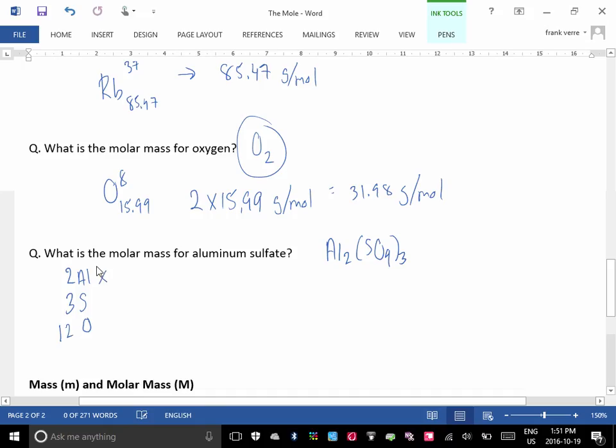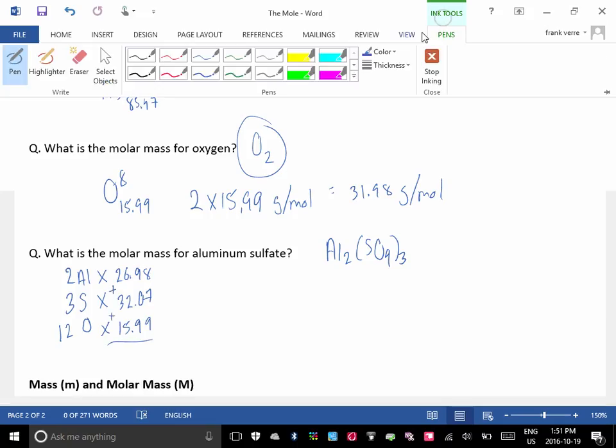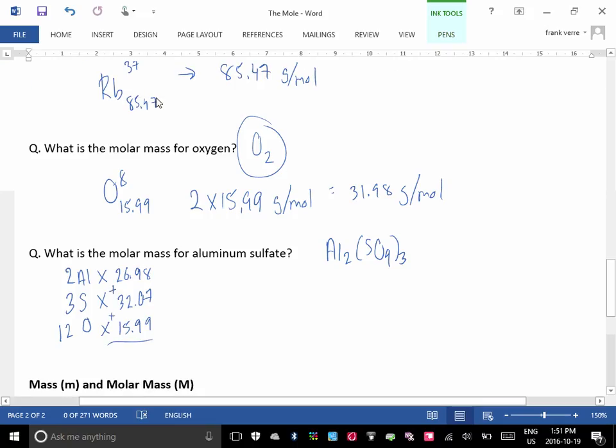The aluminum each have a mass of 26.98? The sulfur on the periodic table has a mass of 32.07. And on the periodic table, the oxygen has a mass of 15.99. So when we add all of that up, we get the molar mass of aluminum sulfate.